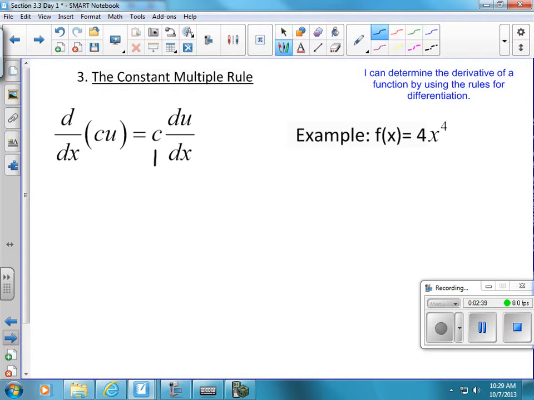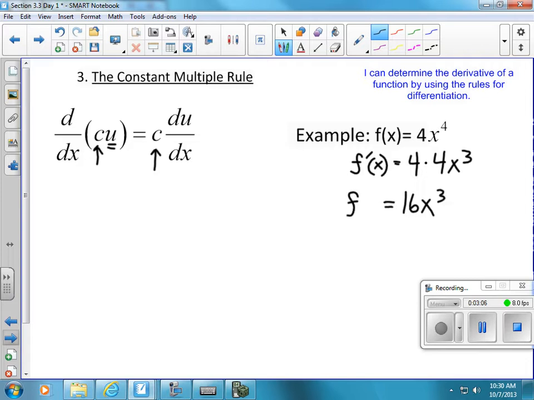Whenever you have a constant in front of a function u, you take the derivative of that function and multiply by the constant. Here's an example, 4x to the fourth. We have a constant multiple, which is 4, and then we take the derivative of x to the fourth, which is 4x cubed. Simplify that out, it's 16x cubed is your derivative.